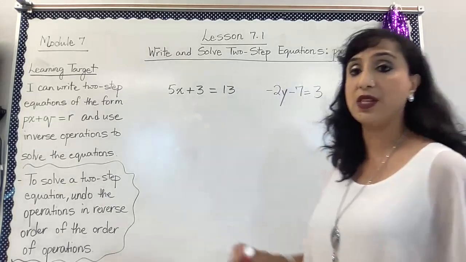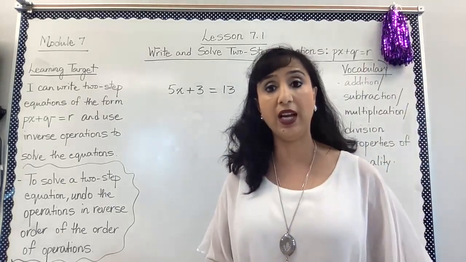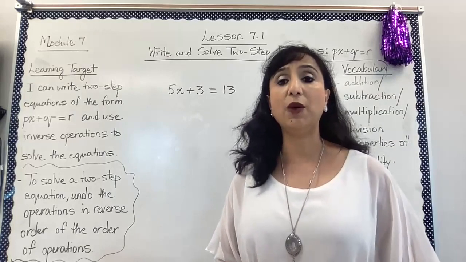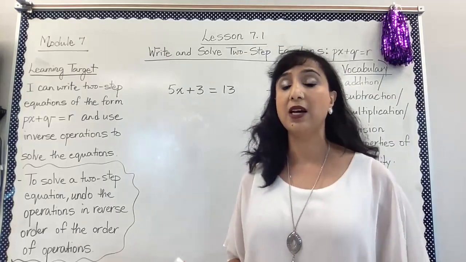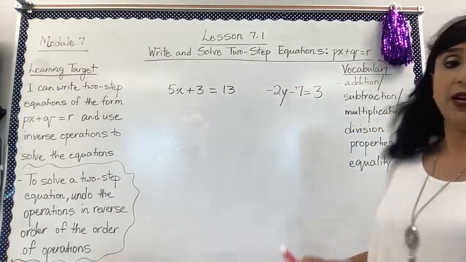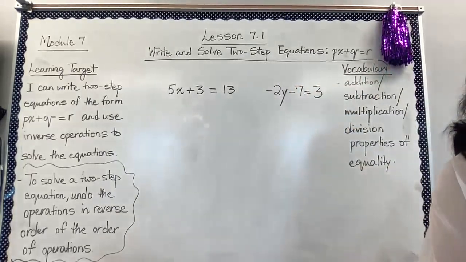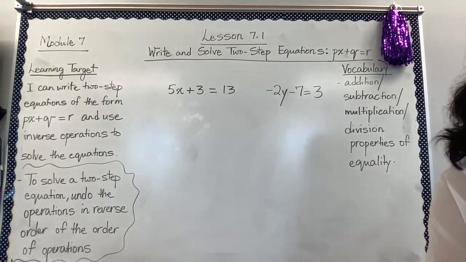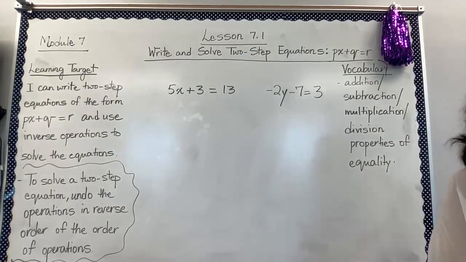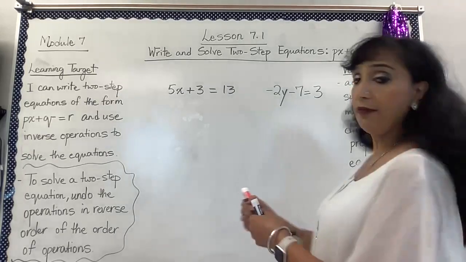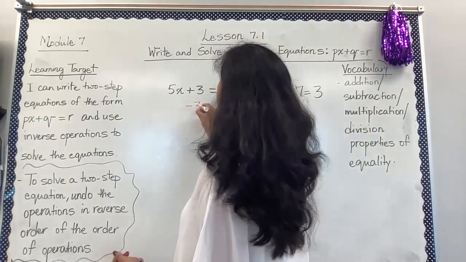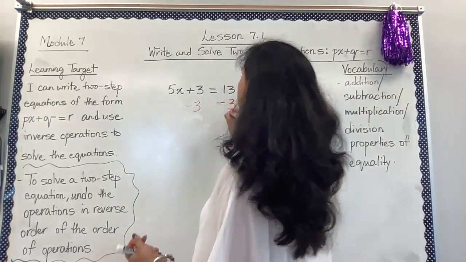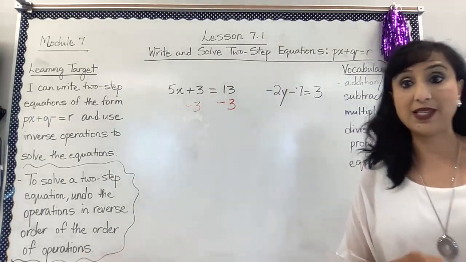So we are going to use the subtraction property of equality, which means that in an equation, if I subtract the same number from both sides of the equality, the equation is going to remain the same. So if I have plus 3, I am going to do minus 3 on both sides. So the equation still remains the same.